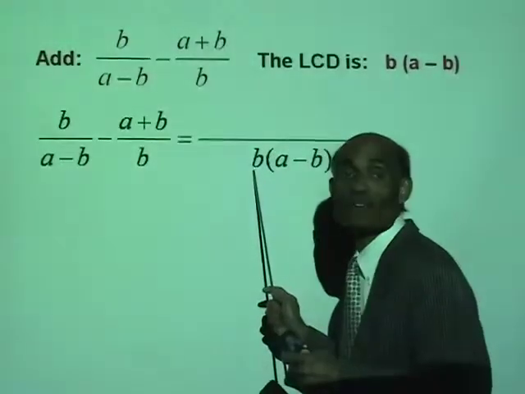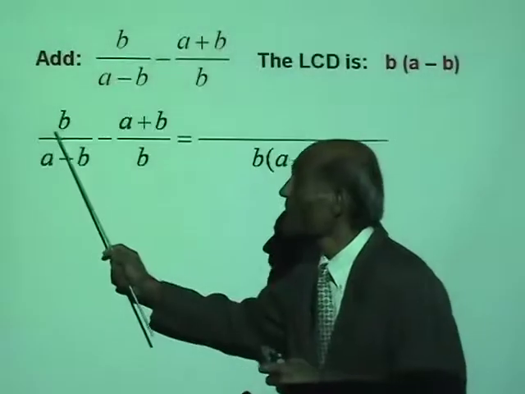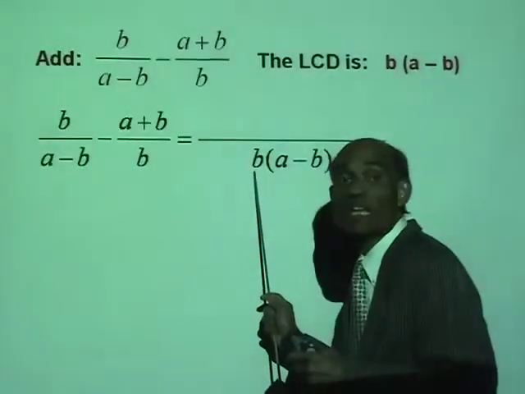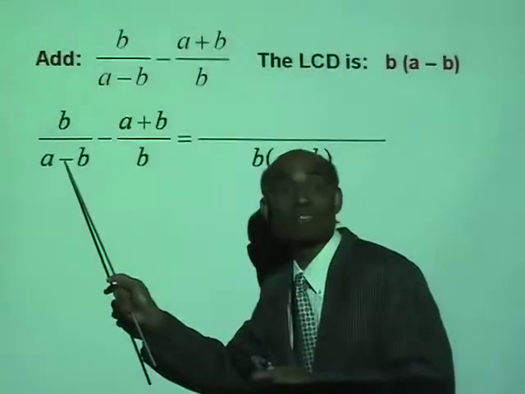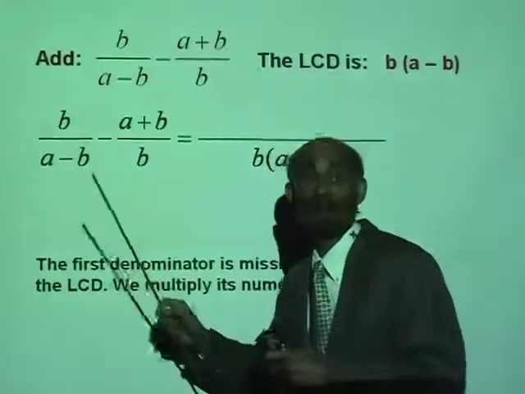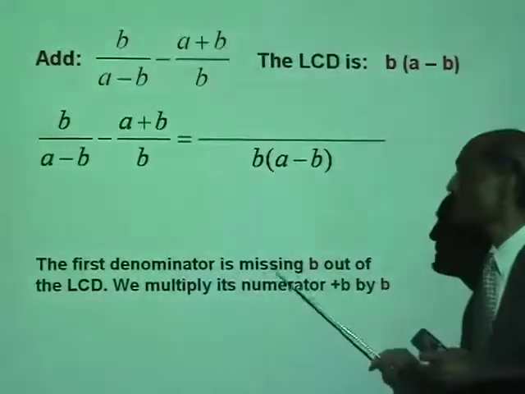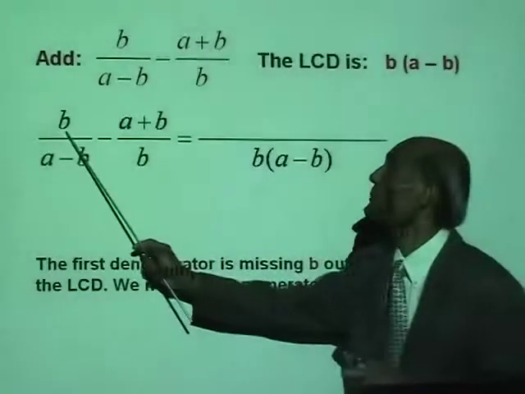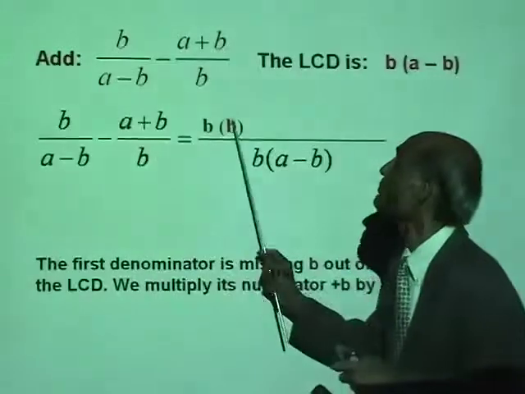This b. So, we will multiply this b on the numerator with this b that is missing from its denominator. There you are. So, the first denominator is missing b out of the LCD. So, we multiply this b with that b.